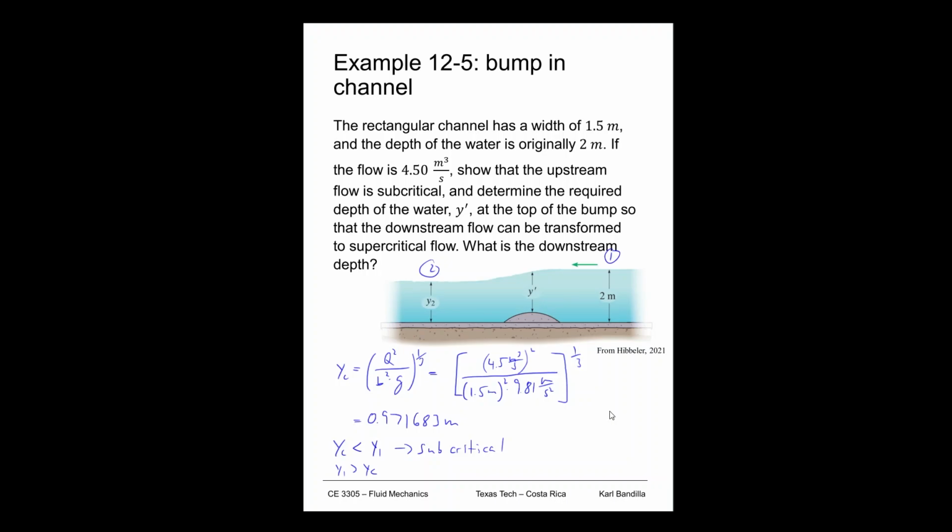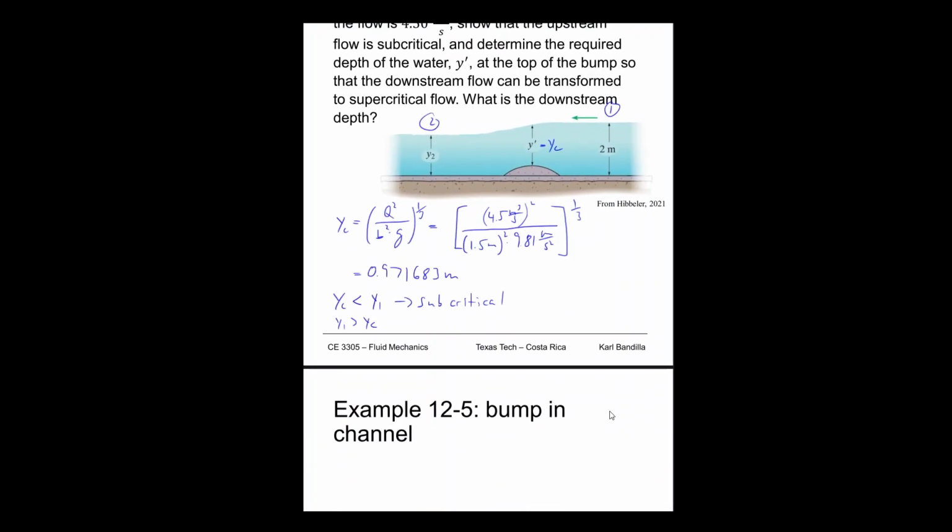Now we're asked to find the depth at the bump, so how high the water is above the bump. Well, we know for a transition to happen from subcritical to critical to supercritical, or the other way around, that Y prime has to be equal to YC. All right, so we can just write that down.